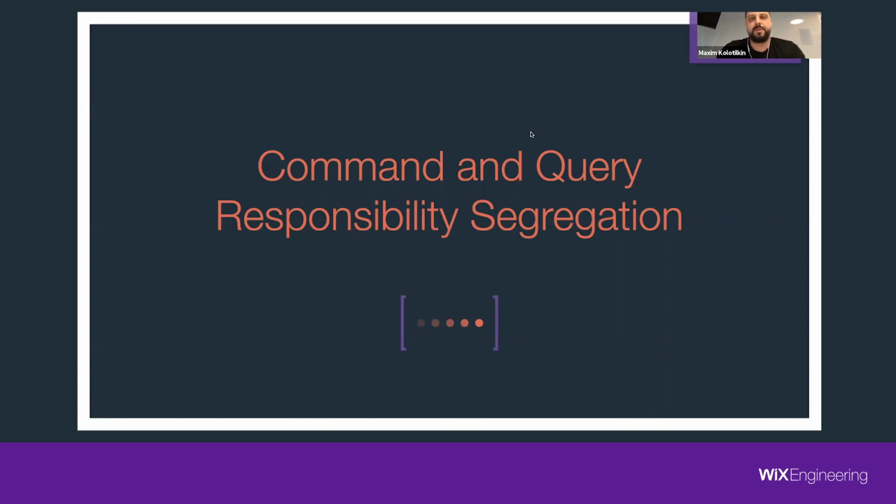This pattern was introduced not so long ago. It was done in 2006 by Greg Young, who gave a small presentation at a domain-driven design conference. Also at that conference, he presented event sourcing, but I'll talk a little bit later about it.